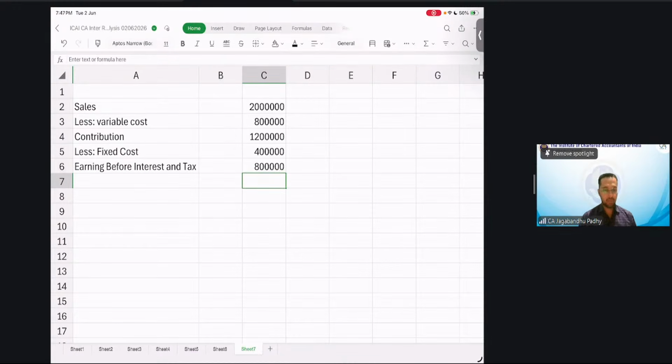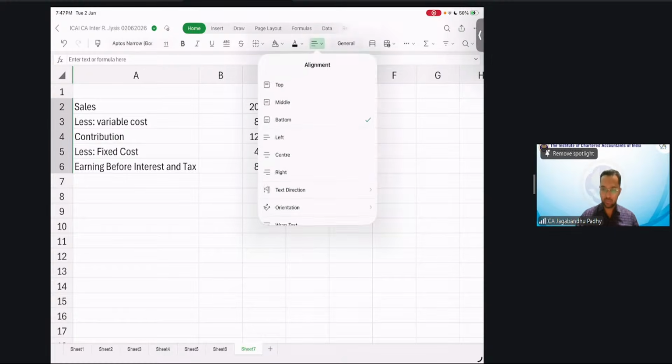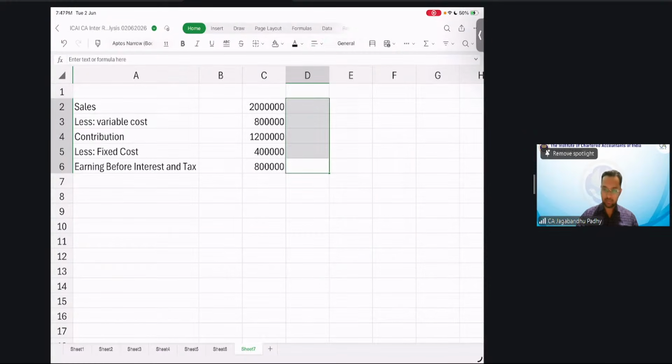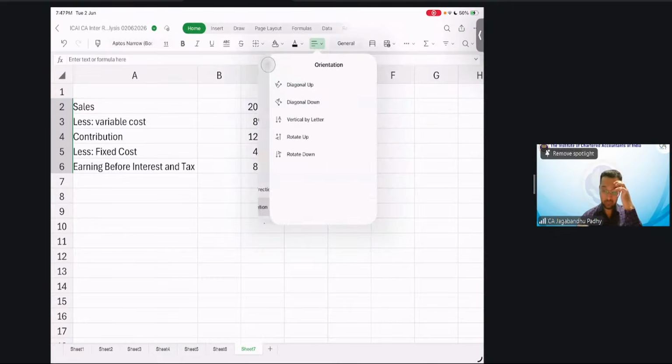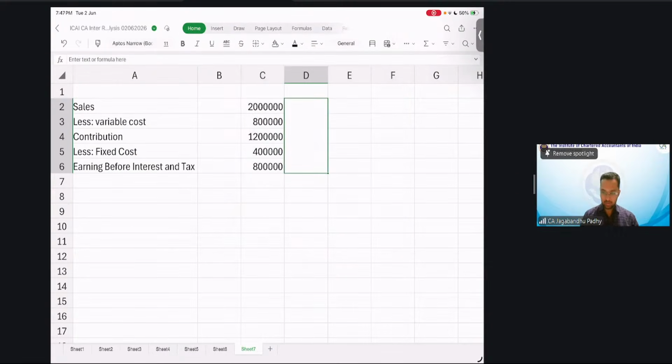Now remember this earnings before interest and tax number. Up to this part, we call it operational.